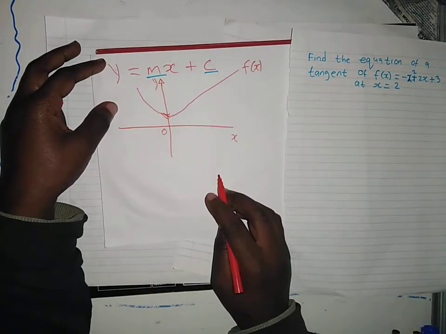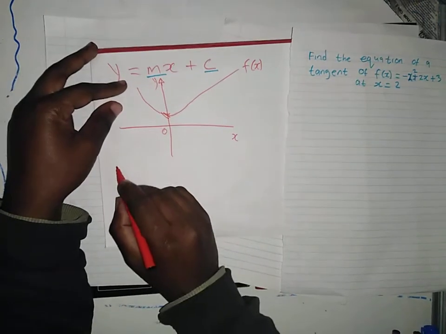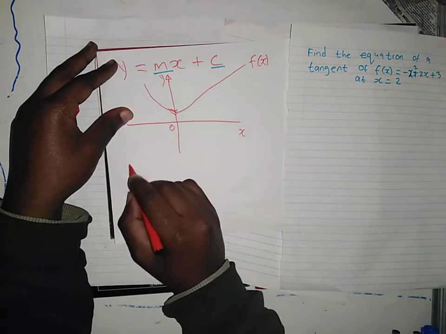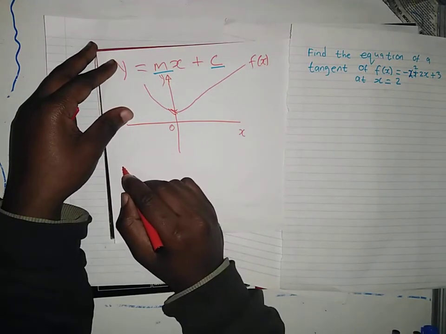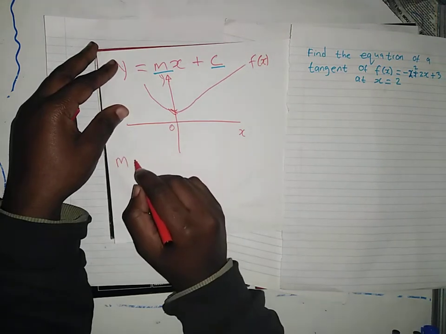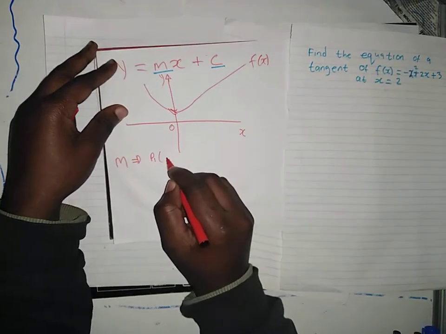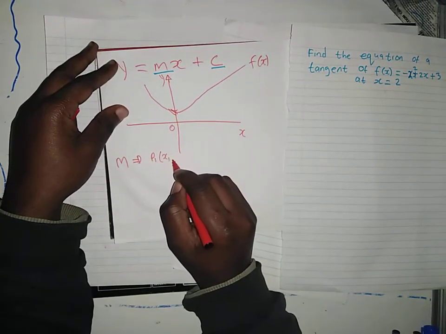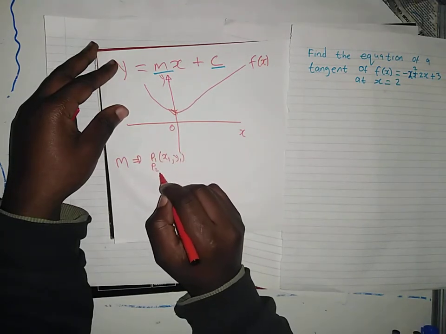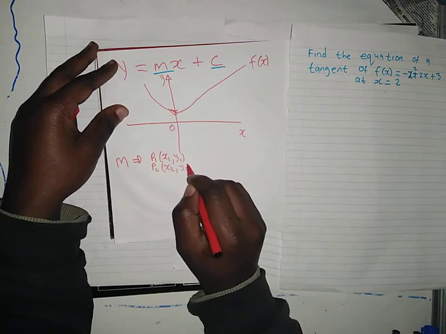Now, the only thing that we know about m is from traditional formulas, that when you have m, then you have a point. We said m is a gradient between 2 points. So you'll have point 1 that has an x value, so we've got x1 and y1, and then you'll have point 2, which will have x2 and y2.